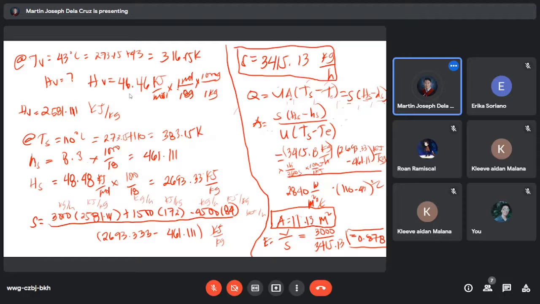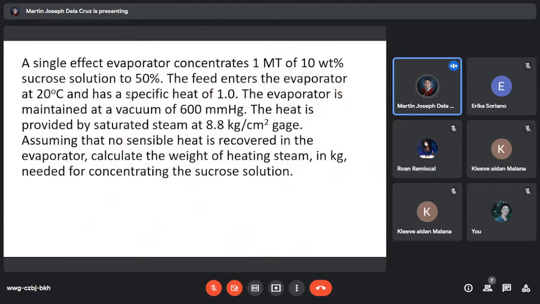Okay na? Or more? Yes, sir. Okay, so let's have your example number 2. Okay, so a single effect evaporator concentrates 1 megaton of 10% weight percent sucrose solution to 50%. The feed enters the evaporator at 20 degrees Celsius and has a specific heat of 1.0. The evaporator is maintained at a vacuum of 600 mmHg.